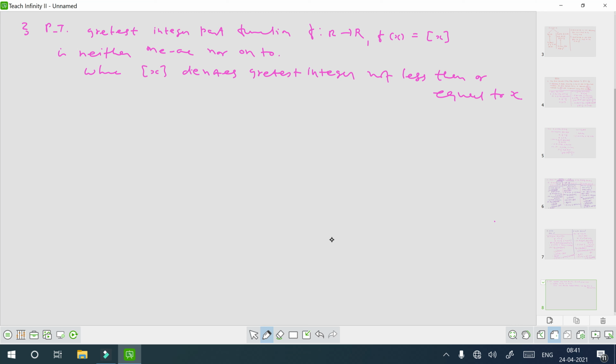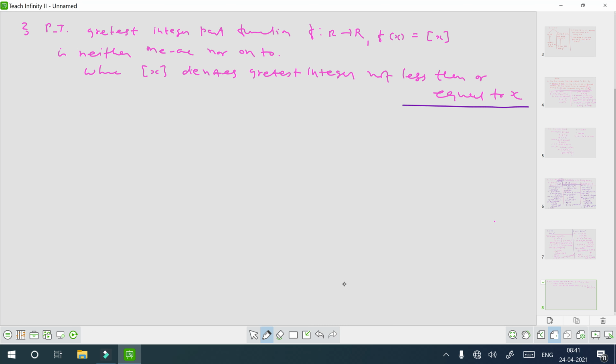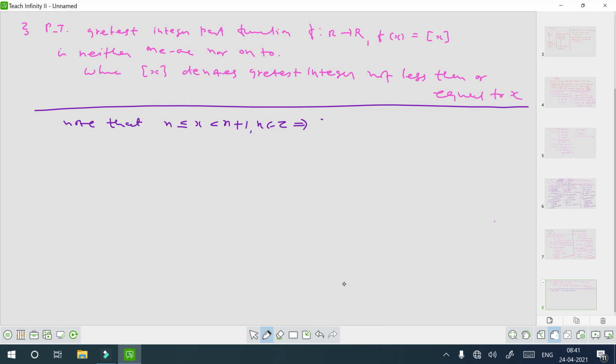Clear? Now here we want to check whether it is one-one and onto. Very simple question. See here, note that n less than or equal to x less than n plus 1, n belongs to Z, implies the integer part function is equal to n. That we know. Clear?